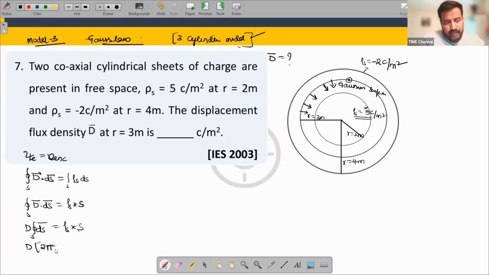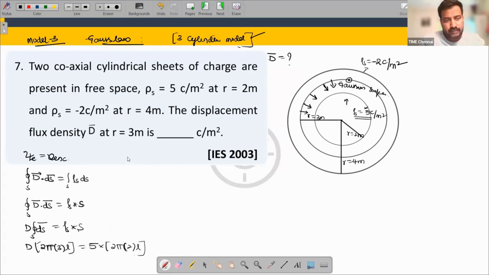This is 2 pi, rho is 3, into L, equal to the rho s charge enclosed by the Gaussian surface. The Gaussian surface is enclosing the inner cylinder. So it is 5 coulomb per meter square into the surface area 2 pi times 2 L, since the radius is 2 meter for this.